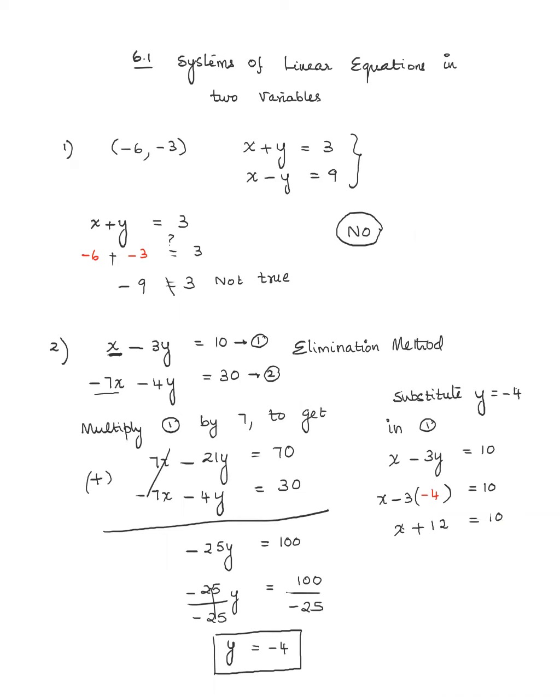And then now get the x by itself by subtracting 12 from both sides. So we get x equals -2. So we got both solutions. So the solution is, you have to write the x value first and then the y value.